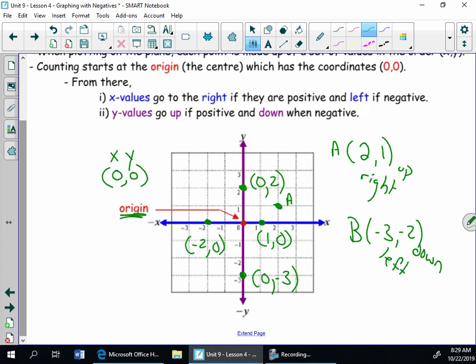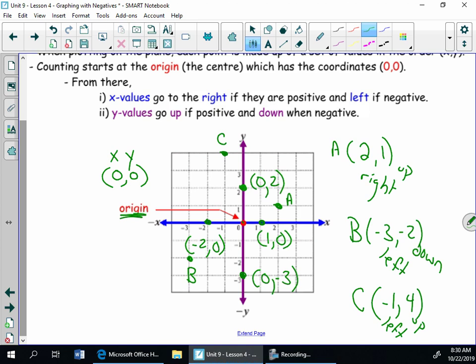So left 3, down 2, we'll call that one B. And let's try C here. I have negative 1 and 4. Where would that be? Left for negative, up for positive. There it goes, C. Okay, so the first number is your left and rights. The second number is your ups and downs.